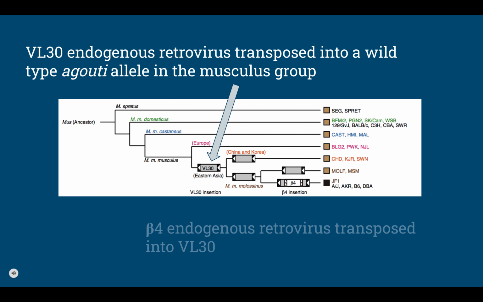Then, the beta-4 endogenous retrovirus transposed afterwards into the VL30 sequence in the lineage that separates the Japanese fancy mouse from other East Asian wild mice. It is thought that the beta-4 insertional event has occurred relatively recently.